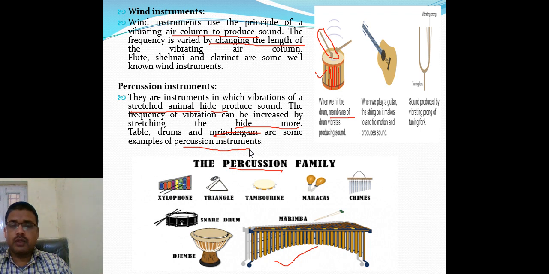Again, you have to talk about the different types of sound, that is transverse and longitudinal sound. And after that, you have to talk about frequency, amplitude, and also the time period.